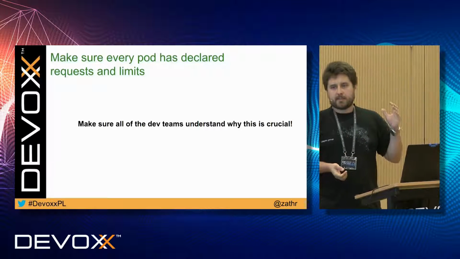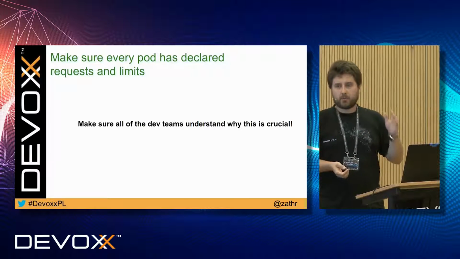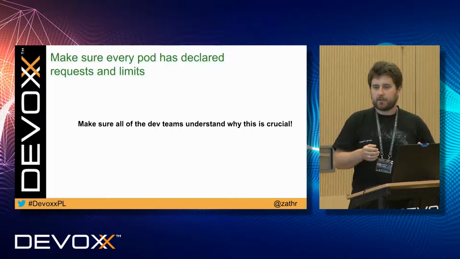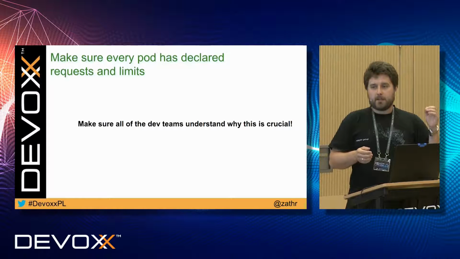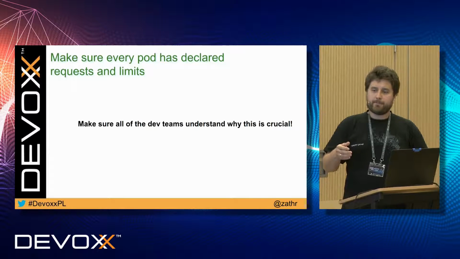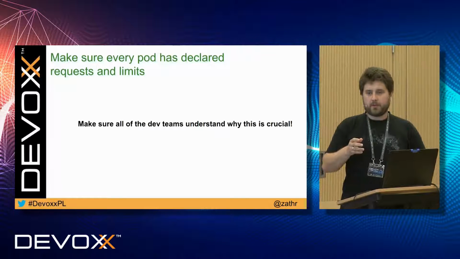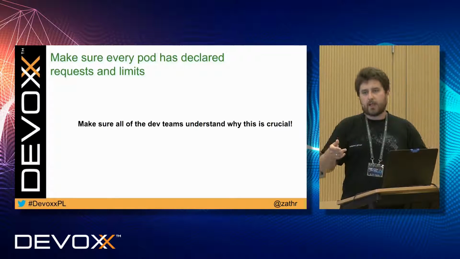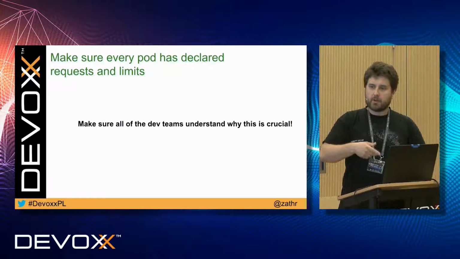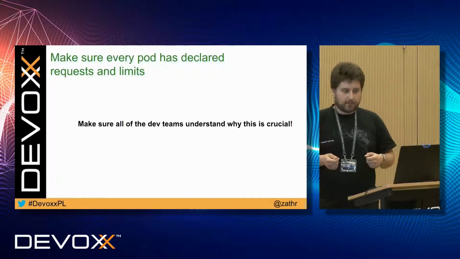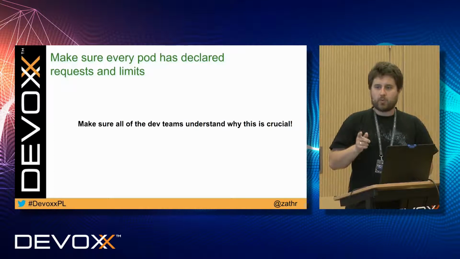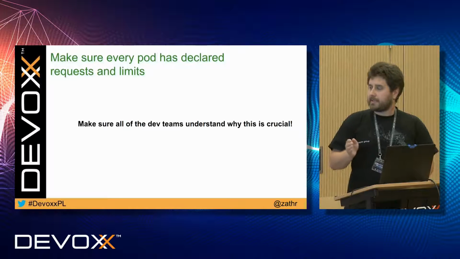If you run your cluster on the edge and a node fails and you have no limits and requests declared, the pods that were lost will be recreated on another node, will deplete its resources, will be killed off, recreated on another node, and so on until your cluster fails. So have this in mind and make sure everyone on your team understands this.